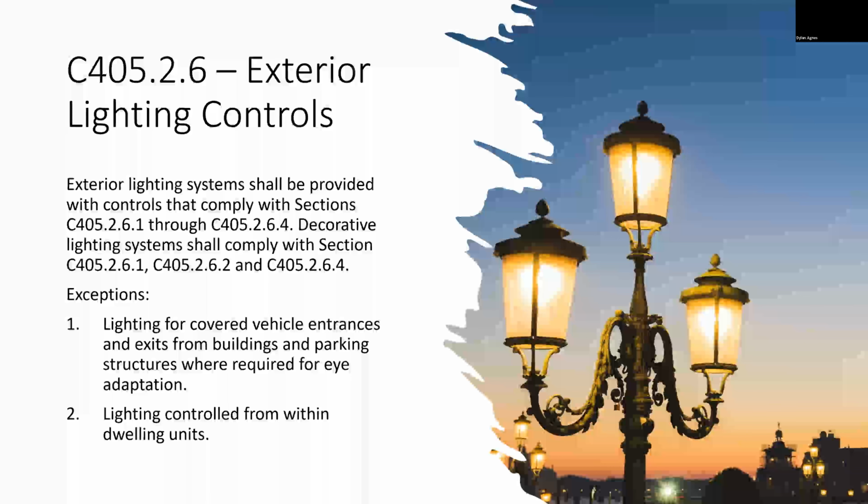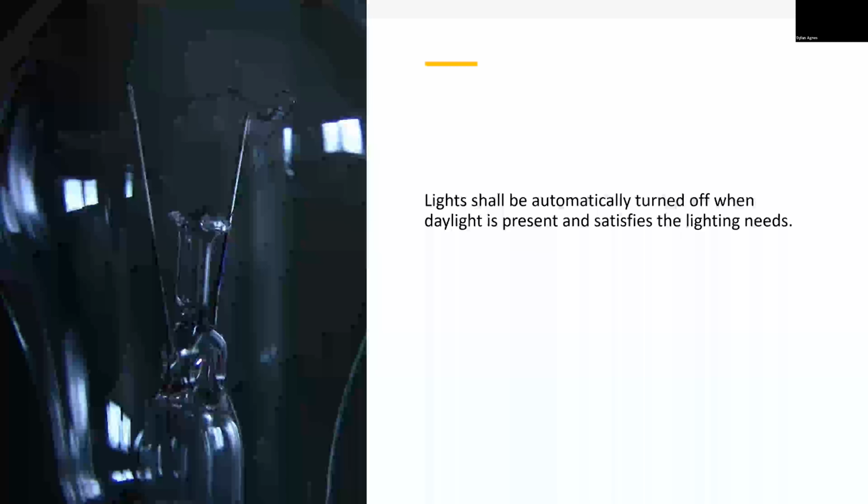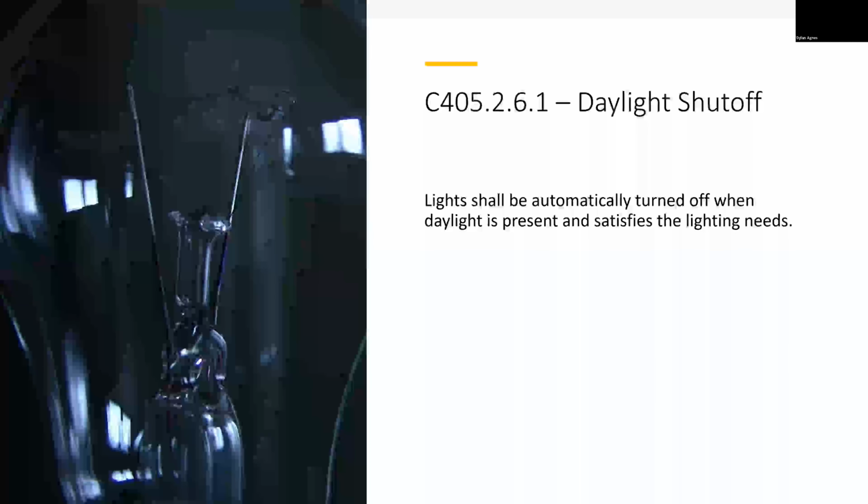We'll get into that. Some exceptions are lighting for covered vehicle entrances and exits to the building and parking structures where required for eye adaptation, and lighting controlled from within dwelling units.